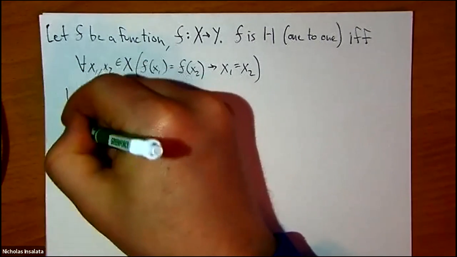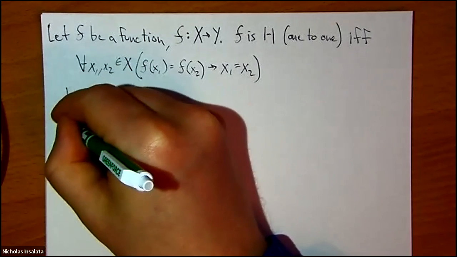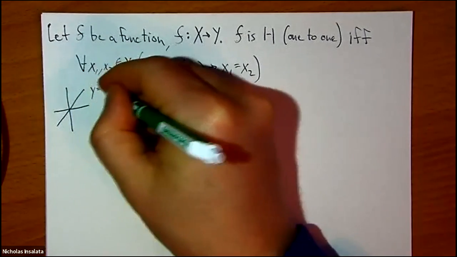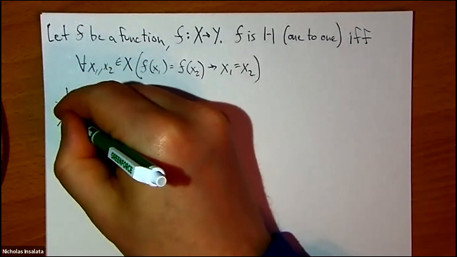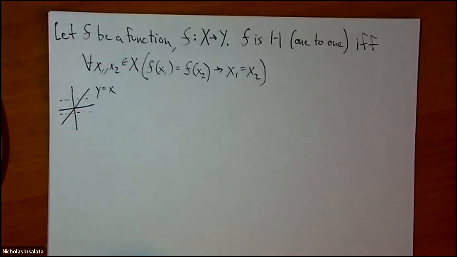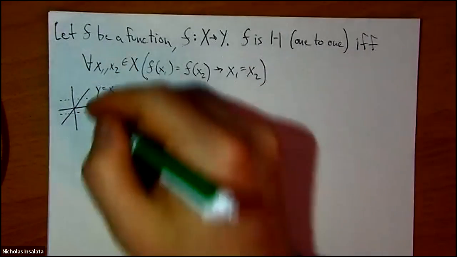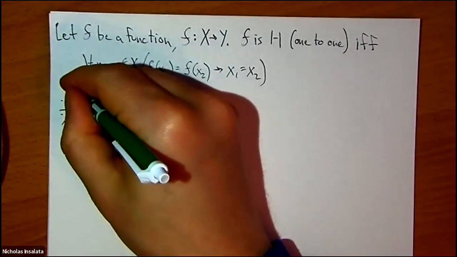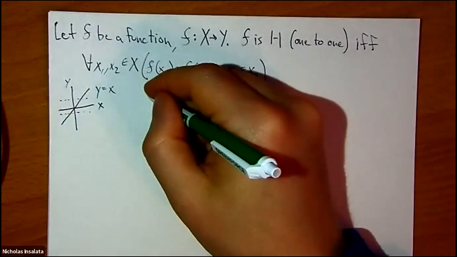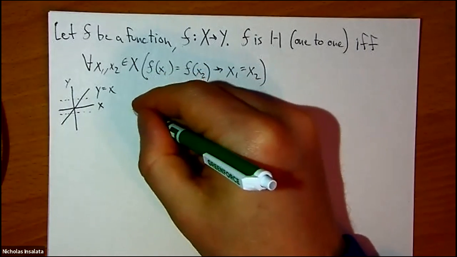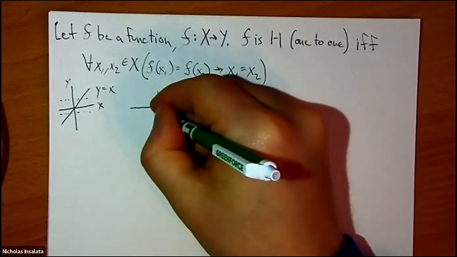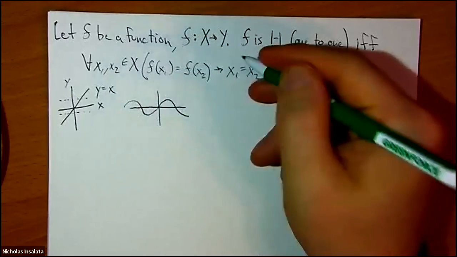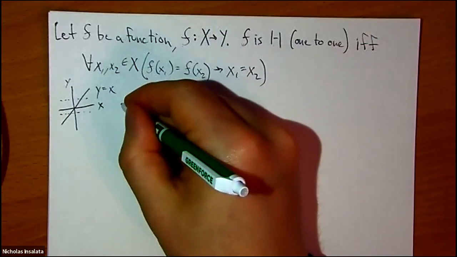So if I have this situation, y equals x, and I do a horizontal line through here or here, that horizontal line is only going to intersect the function at one location, right? But what if I do sine of x? Right? And then I do a horizontal line.